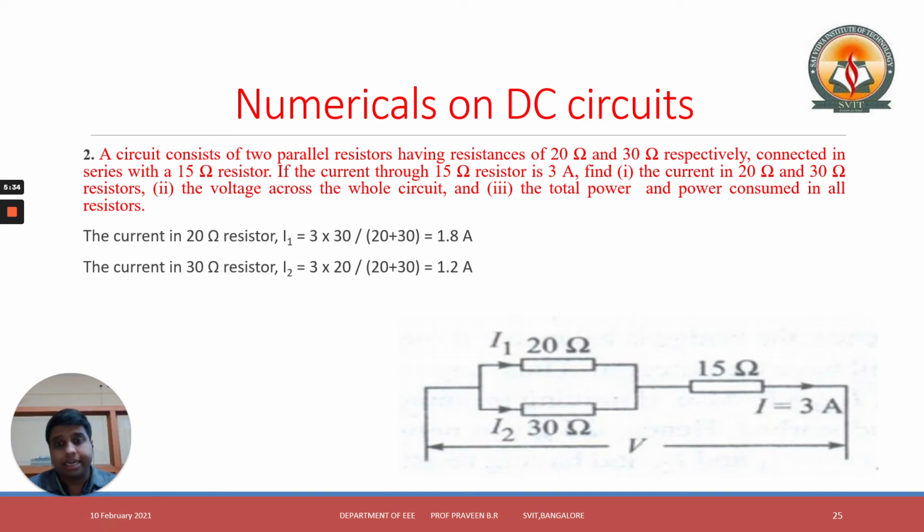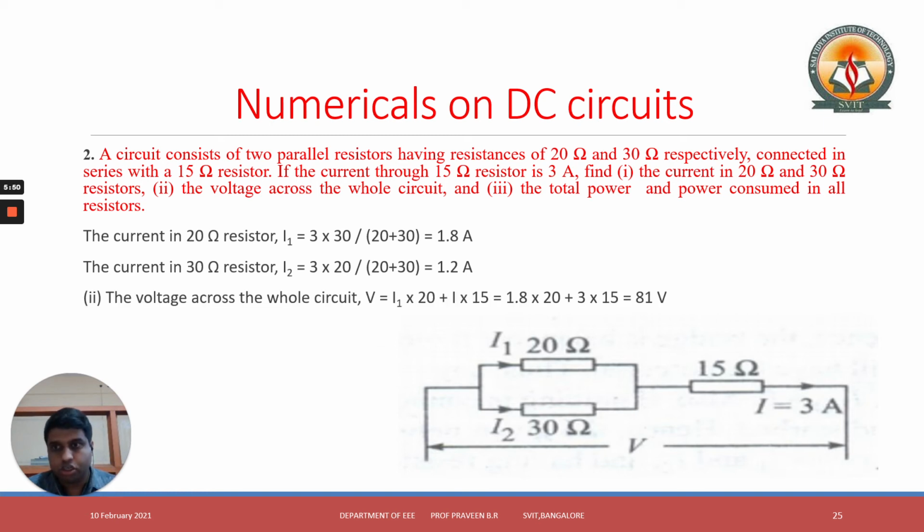Once we know the total current and once we know I1, I can calculate I2 by using the formula I minus I1, that is 3 minus 1.8, that is 1.2 amperes. Next, I will calculate the value of total voltage. Total voltage can be calculated in two ways. One way of calculating is, I know the voltage across 20 ohm and voltage across 30 ohm is same.